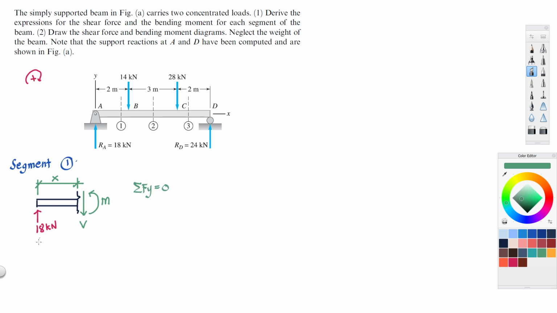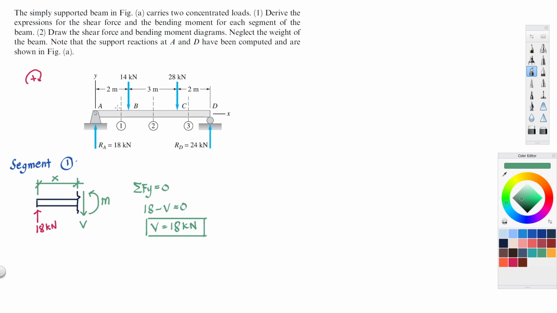Okay? So, meron akong pataas, I have here 18. Meron akong pababa, minus V is equals to 0. In short, my V is equals to 18 kilonewton. Okay? So, this is now the shear equation for segment 1. What does it mean?